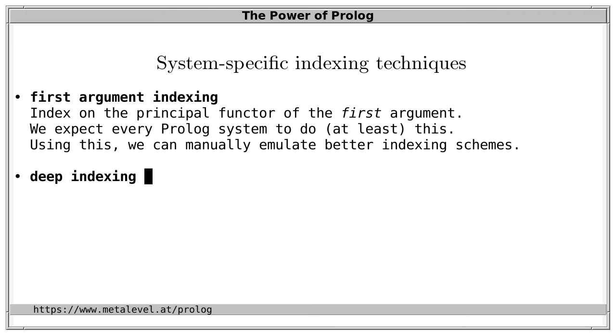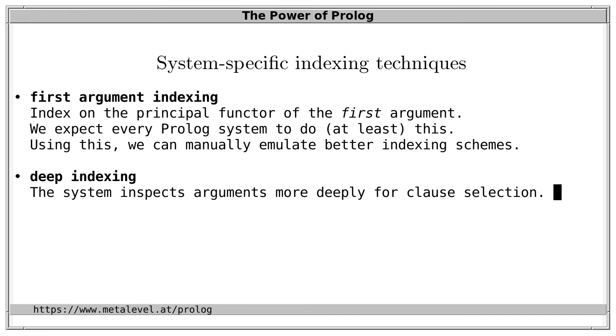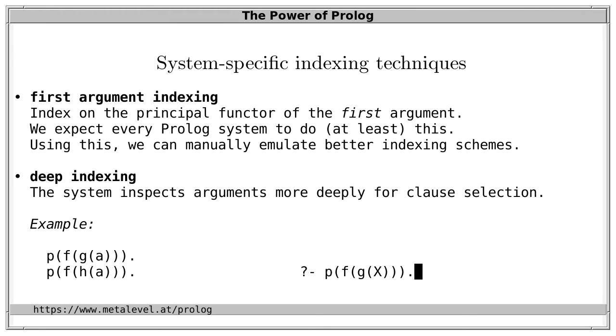And accordingly, many Prolog systems go beyond the bare minimum and implement, for example, deep indexing. This means that arguments are inspected more deeply. For instance, if we have these two clauses and then pose this query, then the principal functor of the first argument is f/1.